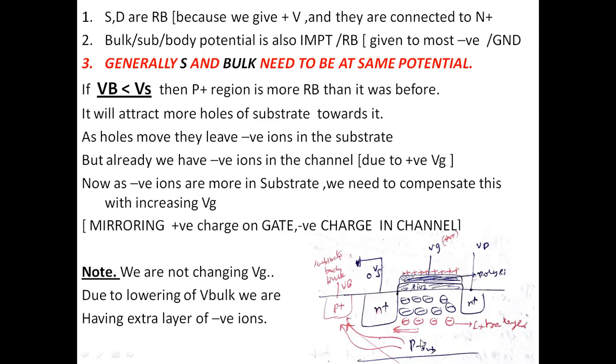The main cause for increasing the gate voltage is that we have more electrons in the channel. Hence to compensate for that, I need to increase the gate voltage to have more and more accumulation of positive charge. Here we are not changing Vg intentionally.